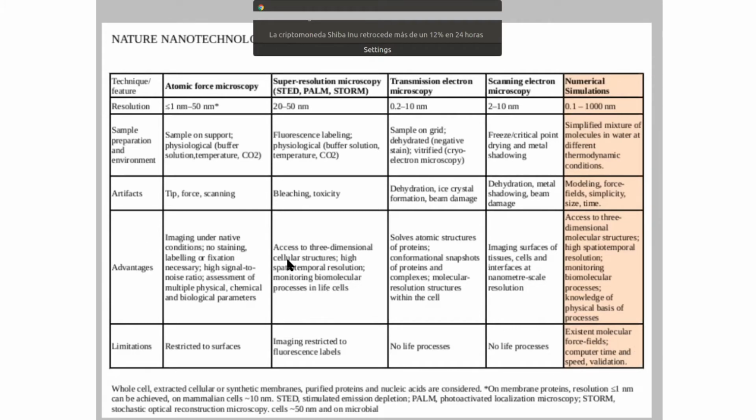So here, what we are doing is trying to see if we can use atomic force microscopy and numerical simulations, mainly to validate the numerical simulation, but also the knowledge that you get from here is going to be extremely useful to understand what you are observing in atomic force microscopy.